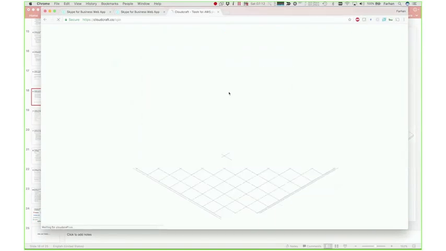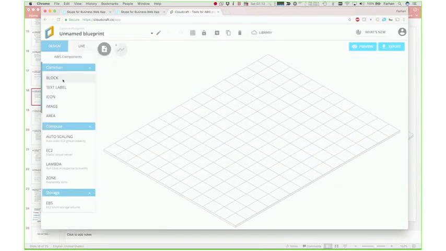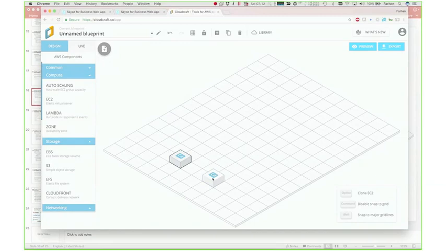Now, it doesn't end there. You see the design component here. You see AWS components. You see common components. You see the auto scaling component and you can create availability zones.